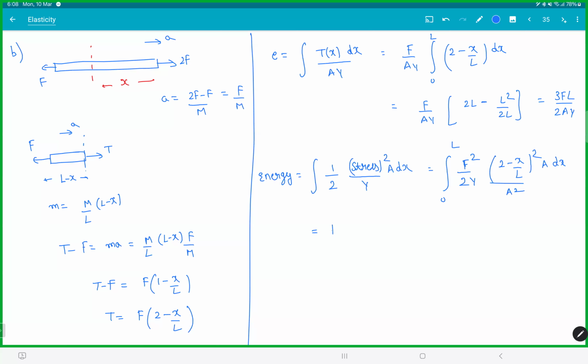Now for energy, one A will cancel. This will be F square by 2AY.